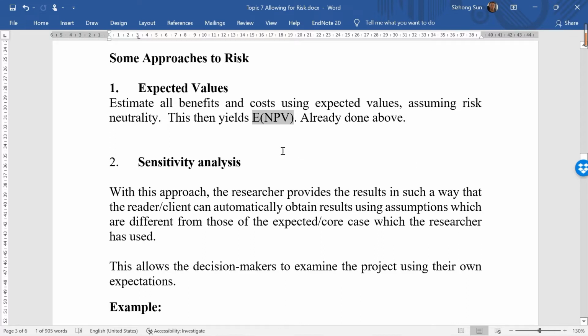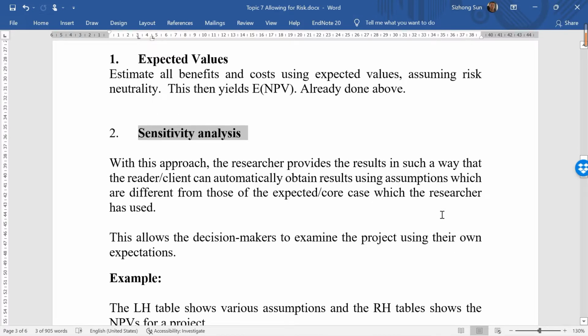The second approach is accounting for risks in terms of sensitivity analysis. With this approach, the researchers provide the results in such a way that the reader or clients can automatically obtain results using assumptions which can be different from those of the expected or core situations which the researchers have used.